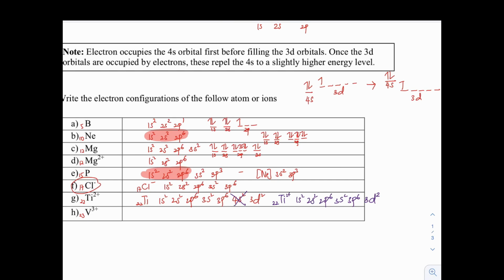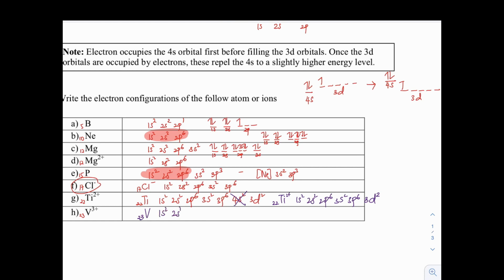Okay? Same case. If you notice vanadium 3 plus, this is coming from the transition elements, we are going to write the configuration of the atom first. We have to start from vanadium, 23.